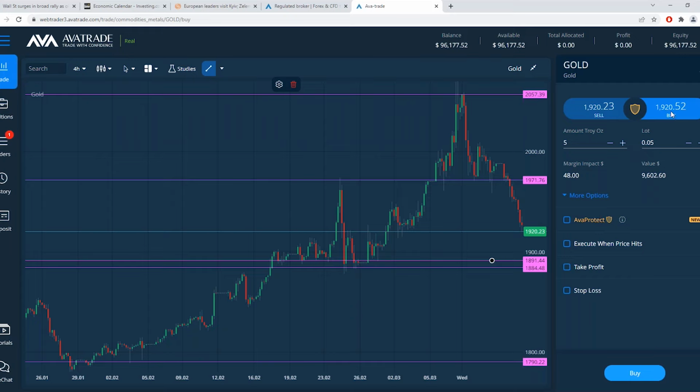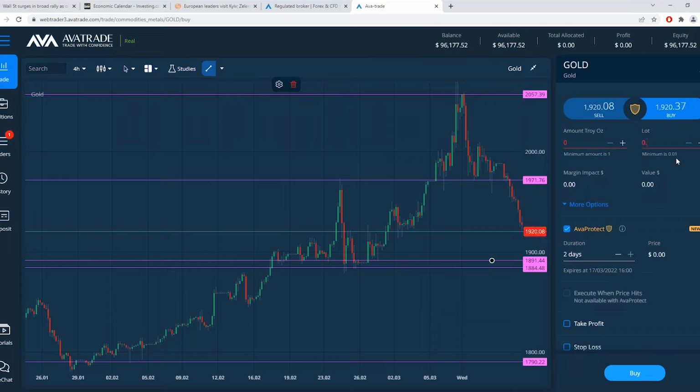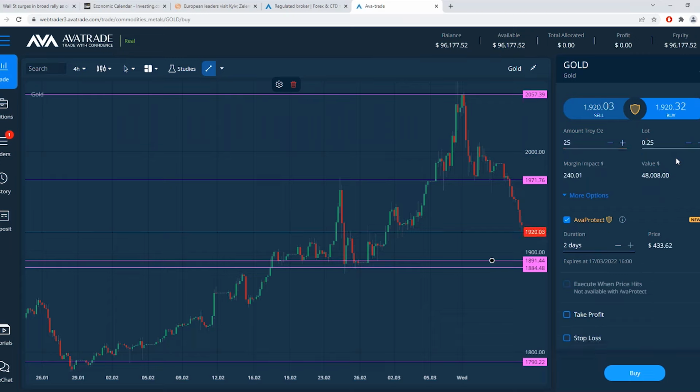You also have the option to use AvaProtect. So, I could protect by the hour, by the day. Let's say I do 2 days protection and I'm willing to pay that $250 that I was mentioning, if that's the price point I have for the protection. There's a quarter of a lot, 0.15.